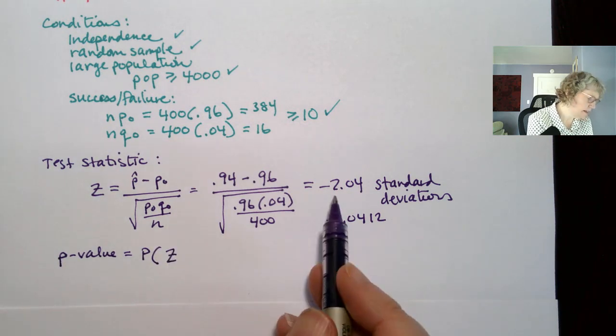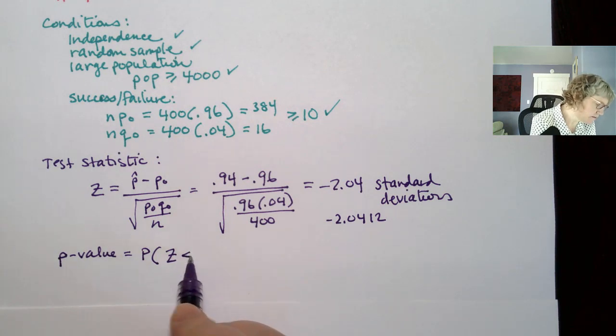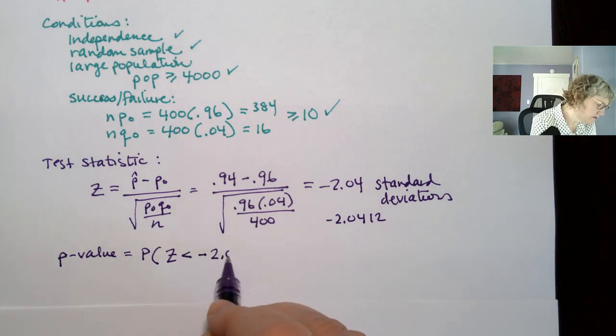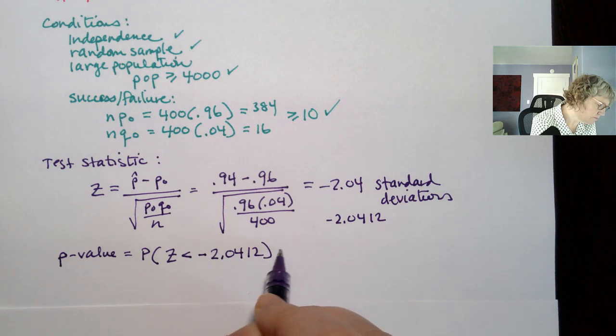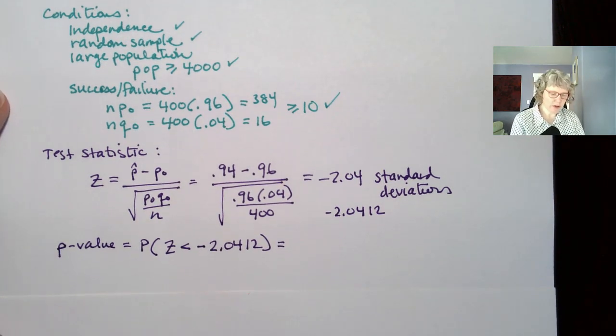Probability that z, it's a left tail test, so we're going to go less than negative 2.0412. Okay, it's a one-tail test, so we just have one direction to go with here.